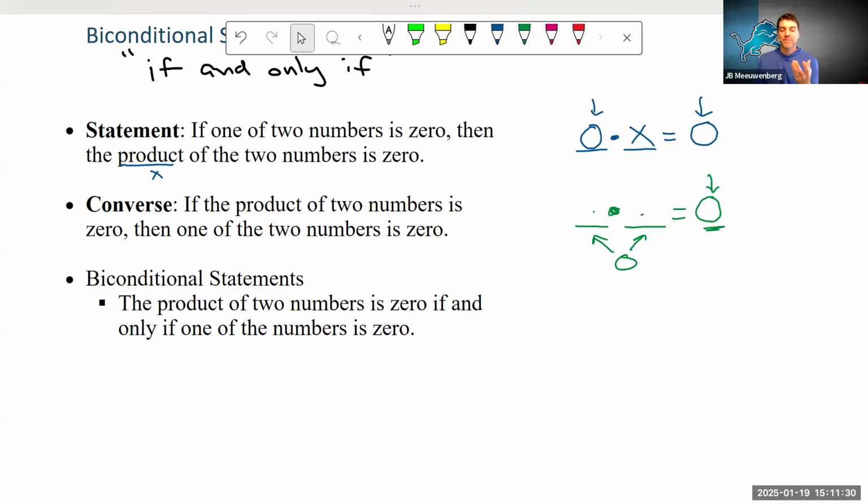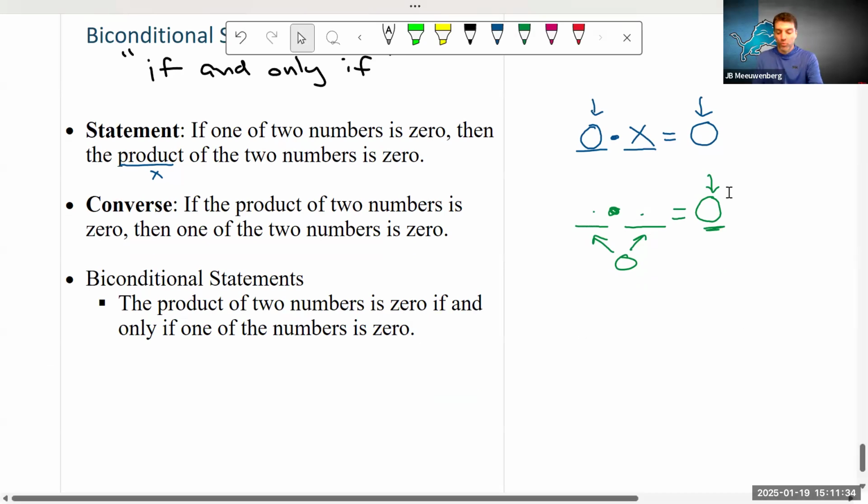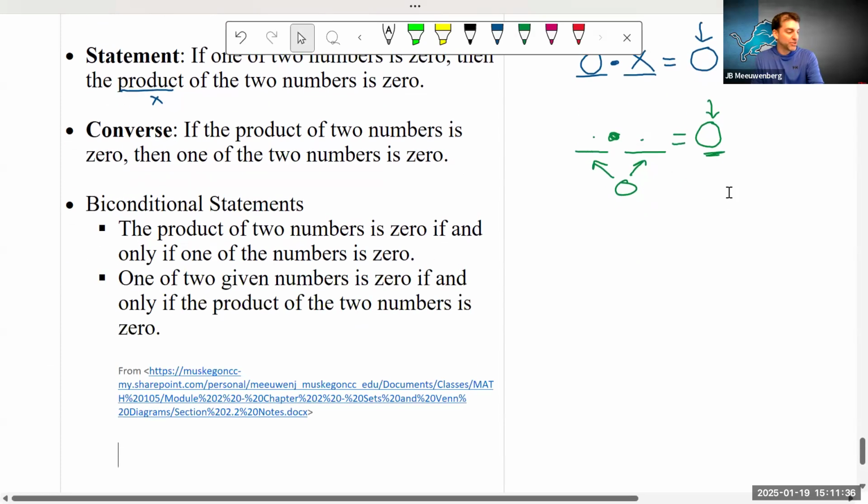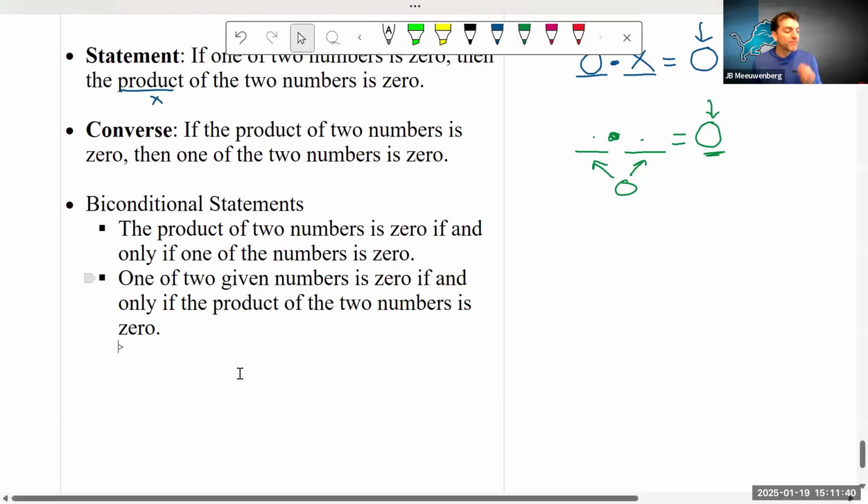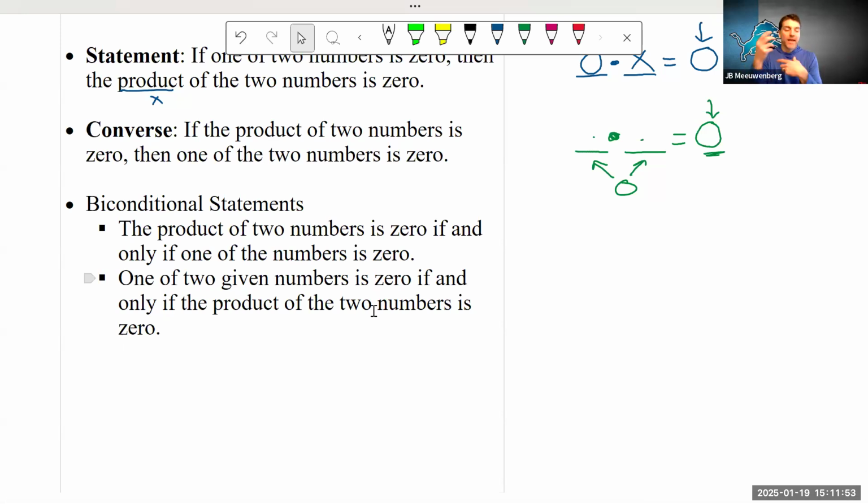It's kind of like the statement works both ways. Here's another possible way you could write this biconditional statement. One of two given numbers is 0 if and only if the product of the two numbers is 0. So we're using both P and Q in either way, and we're saying if and only if.